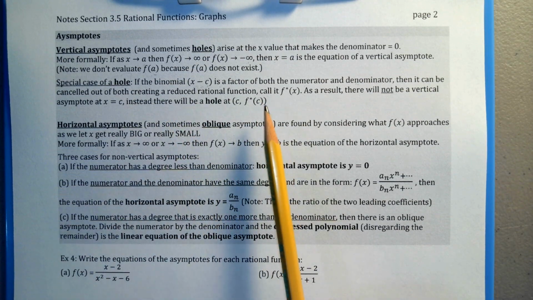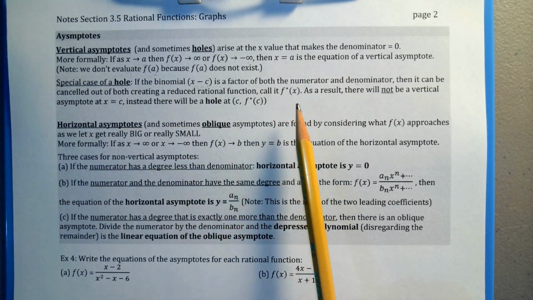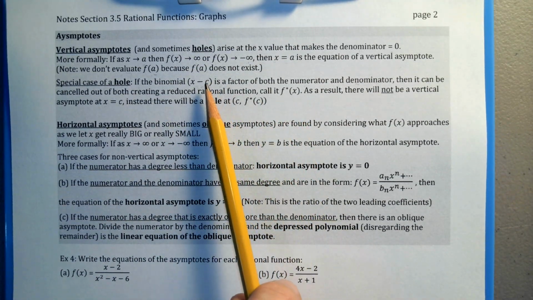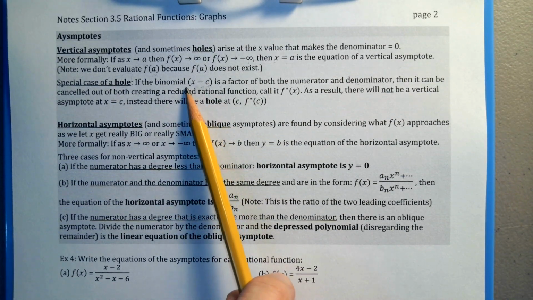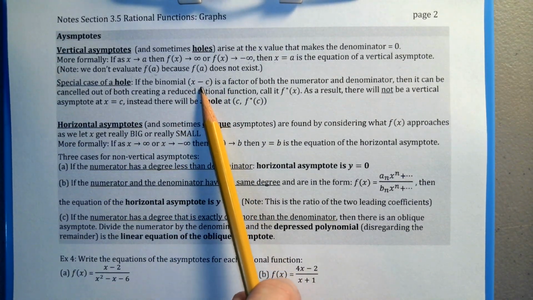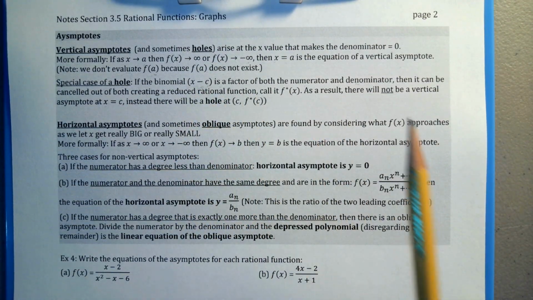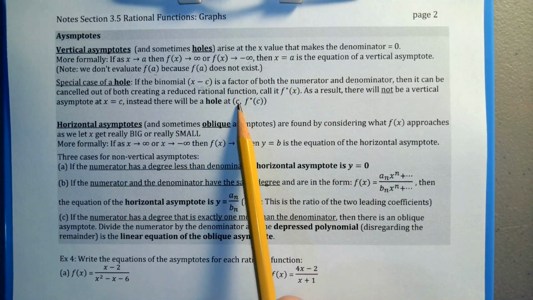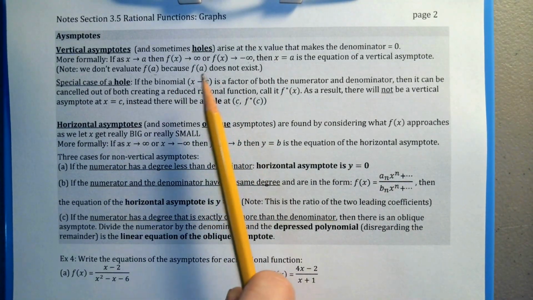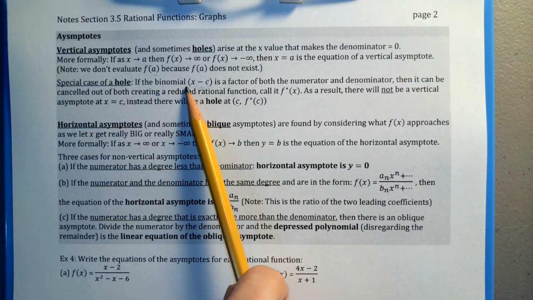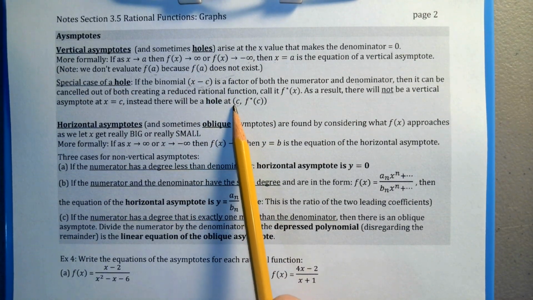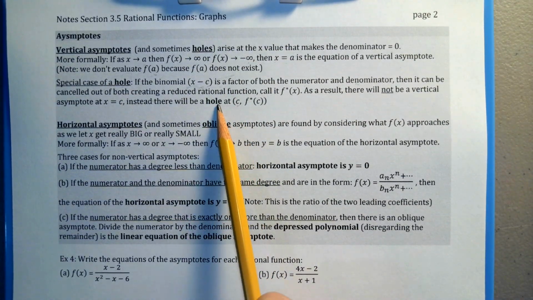We'll do some examples, and it'll make more sense at the time. So when part of the denominator cancels with part of the numerator, and an actual x value that would make it undefined disappears, then instead what we have is a hole there. At that x value, where it would have been bad but it canceled, there'll be a hole.